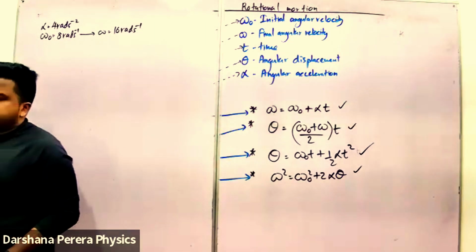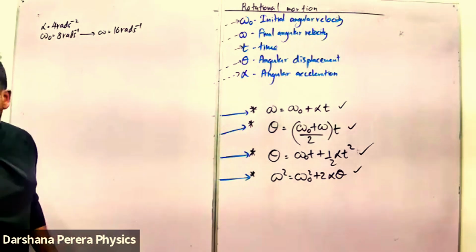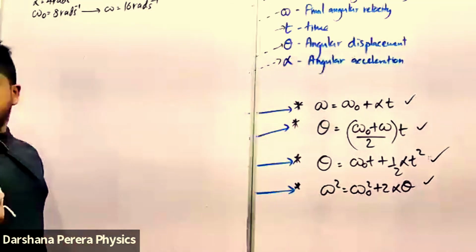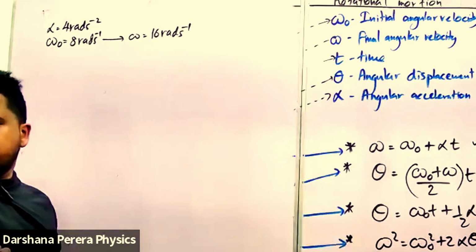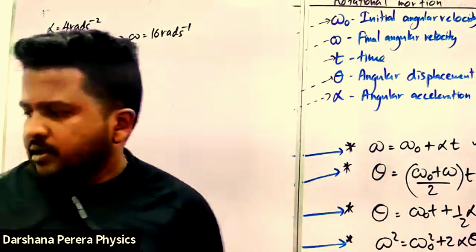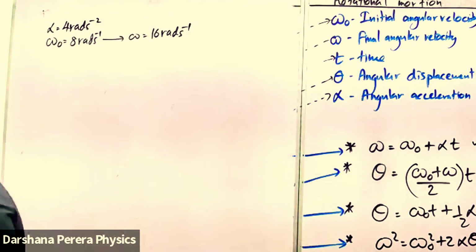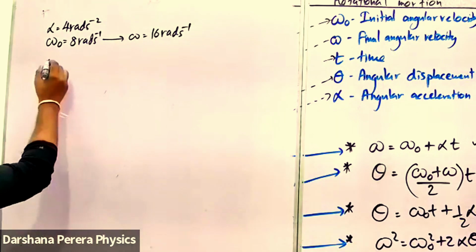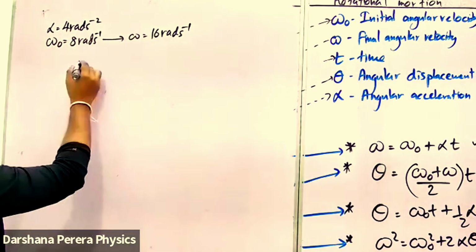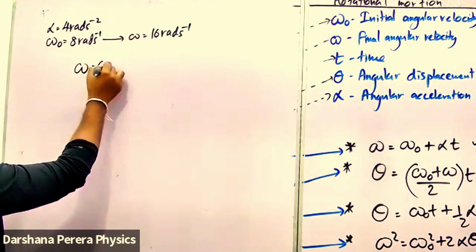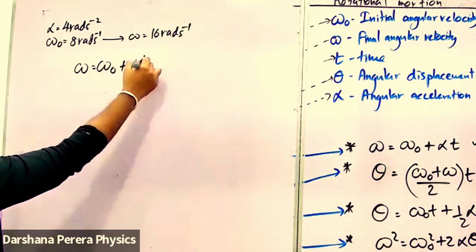Find the time taken. Write it quickly. It's a very easy problem. Only apply this equation. What is the answer? We know omega naught, omega, alpha. We have to find t. The equation is omega equals omega naught plus alpha t.